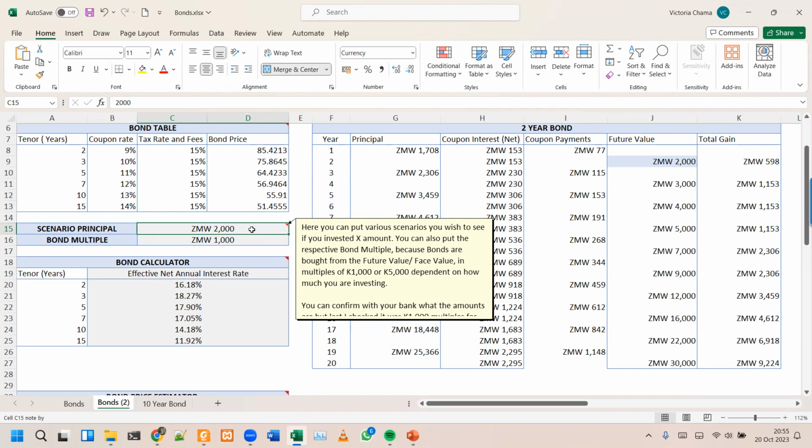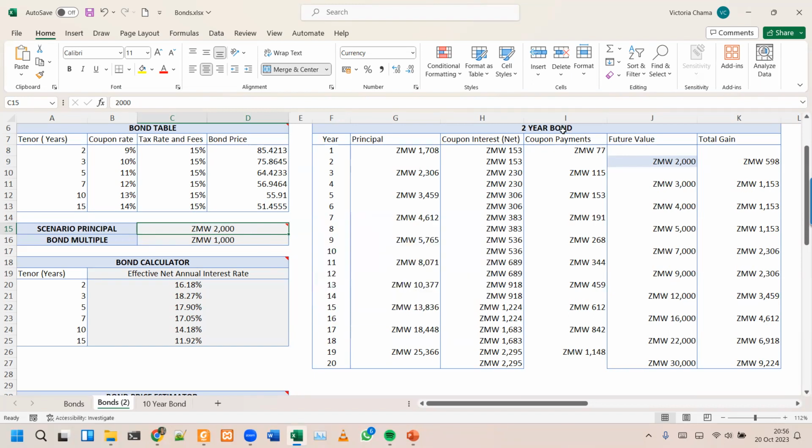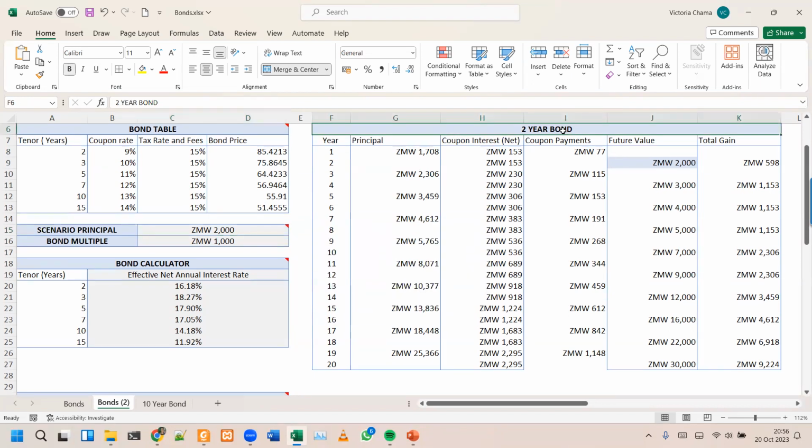No, so this worksheet assumes the following. Because it is a bond, and with bonds we have T's and C's. When you sign off a bond, there is no such thing as, I now have 500 kwacha, I can top up. What you agreed with is what goes.